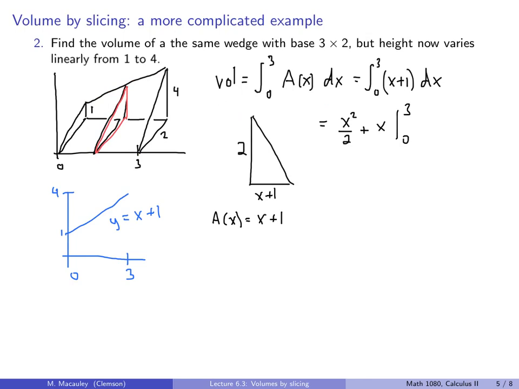We can ignore the 0, that's going to evaluate to be 0. So this is 9 halves plus 3. That's 9 halves plus 6 halves, which is 15 halves. And there is our answer.